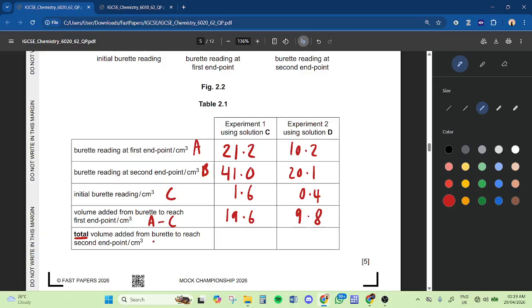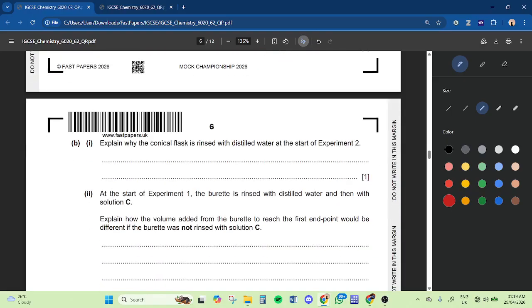So you're going to take your reading at B and subtract the initial reading from that. So for this one, it'll be 41.0 minus 1.6, which will give you 39.4. And for this one, you're going to subtract 0.4 from 20.1 to give you 19.7. It's an interesting two figures over here, but we'll get to that later.